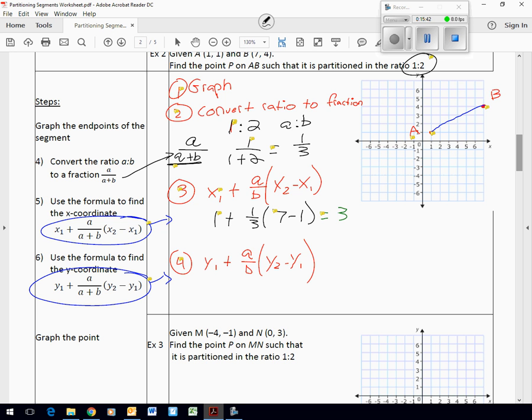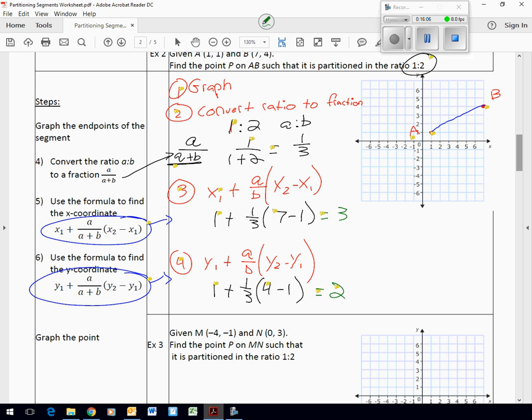Try again. 1, right? 1 plus 1/3. What's y2? 4 minus 1. What do you get when you get that? What'd you get? Anybody? I got 2.